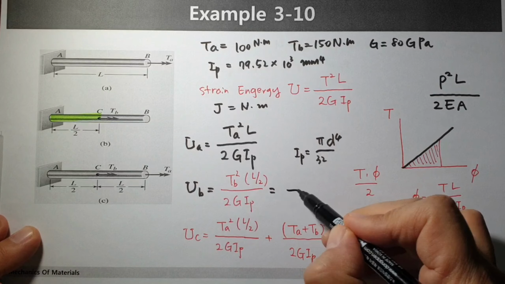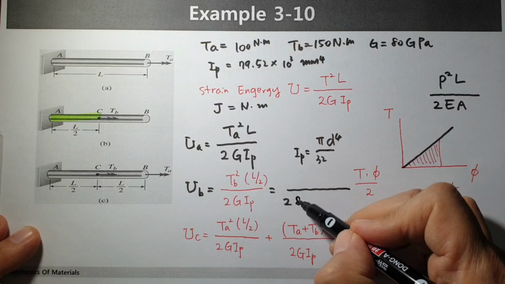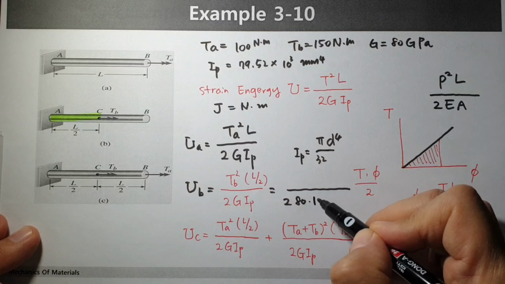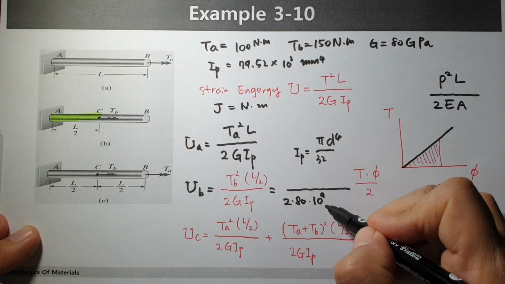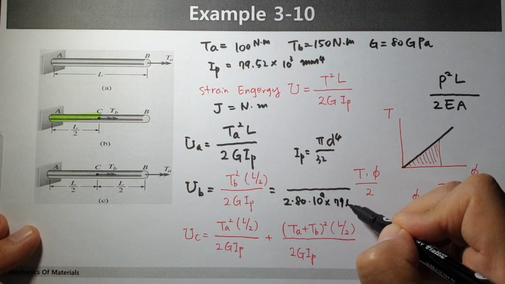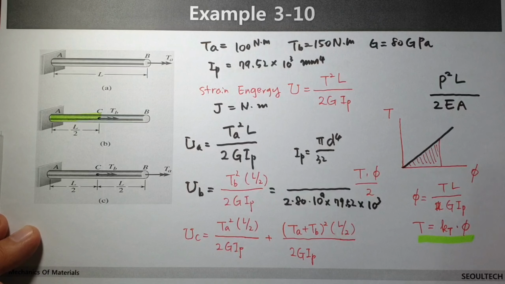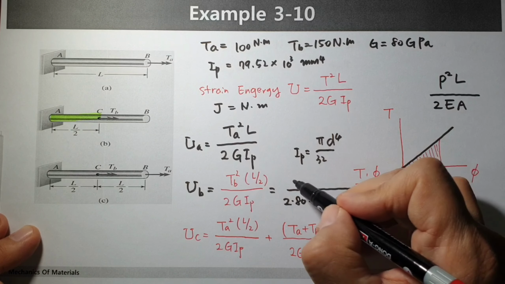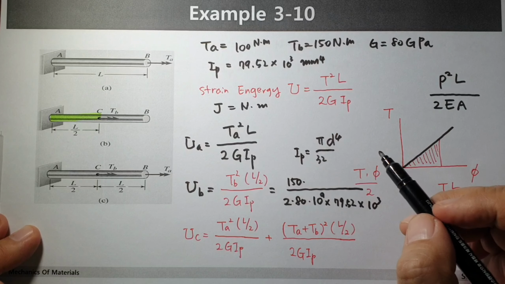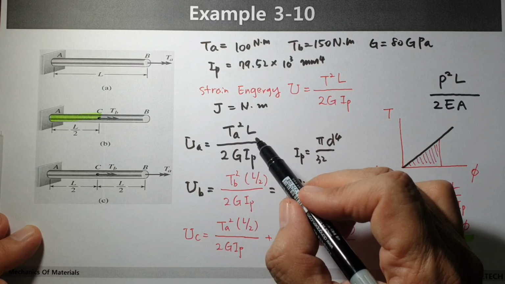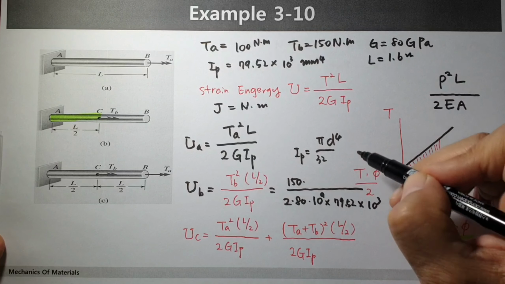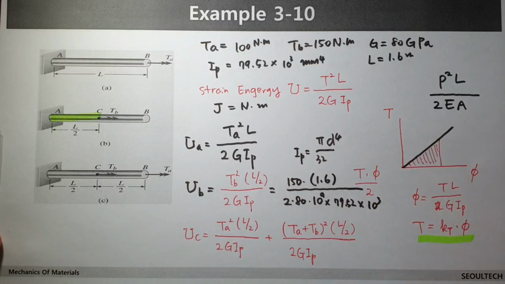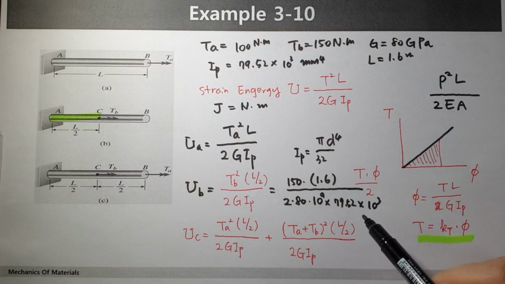UB is TB squared L over 2 times G IP, with G 80 gigapascal, and IP is 79 point something times ten to the third. When we introduce TB as 150 Newton meter, and length L as 1.6 meter, then finally you can find UB.